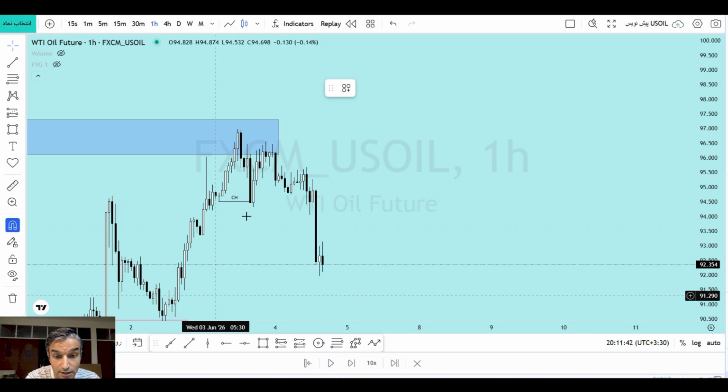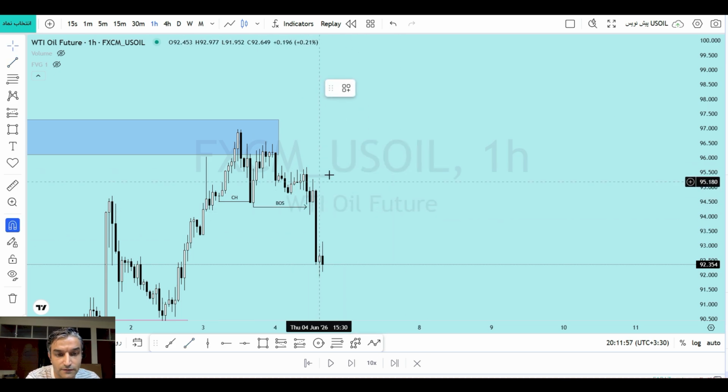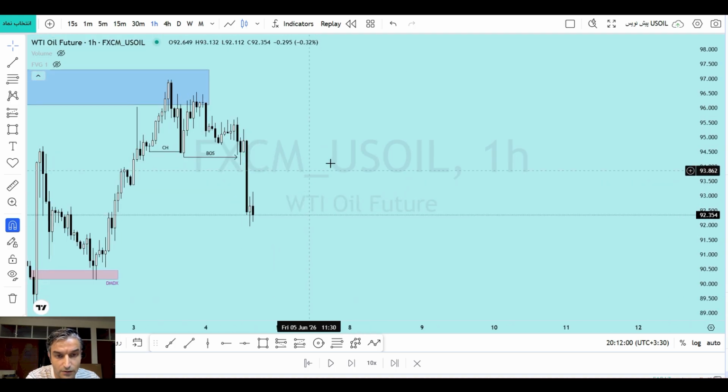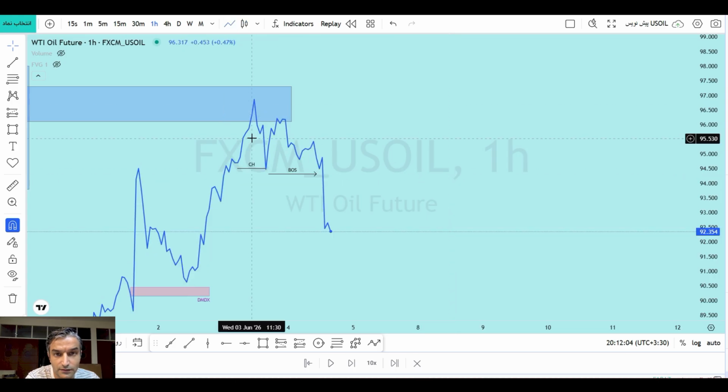Okay, price broke our area for the second time. Sorry. This is our BOS. As you see, we have an unmitigated block in this area. So we should wait, and let me change it to this.